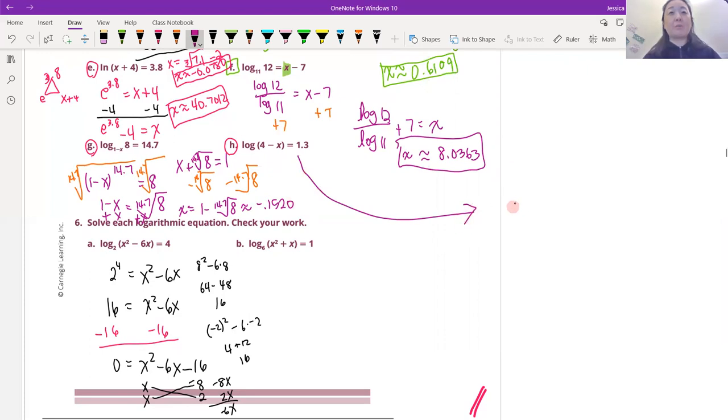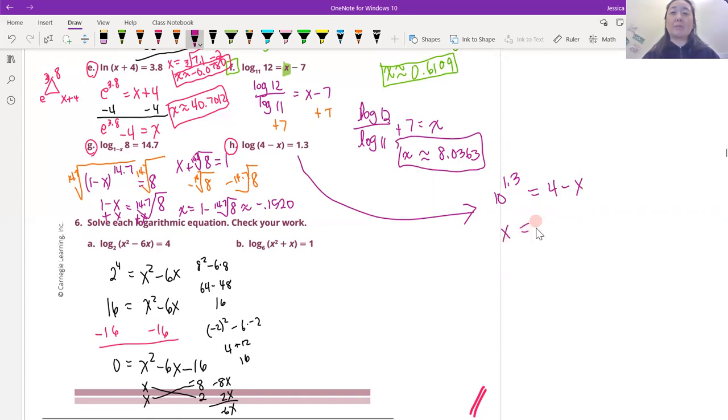So we're just going to do this last one over here. Again, the x is in the argument, so we're going to have to change this to exponential. So it's 10 to the 1.3 power is equal to 4 minus x. And then I'm just going to switch the x and the 10.